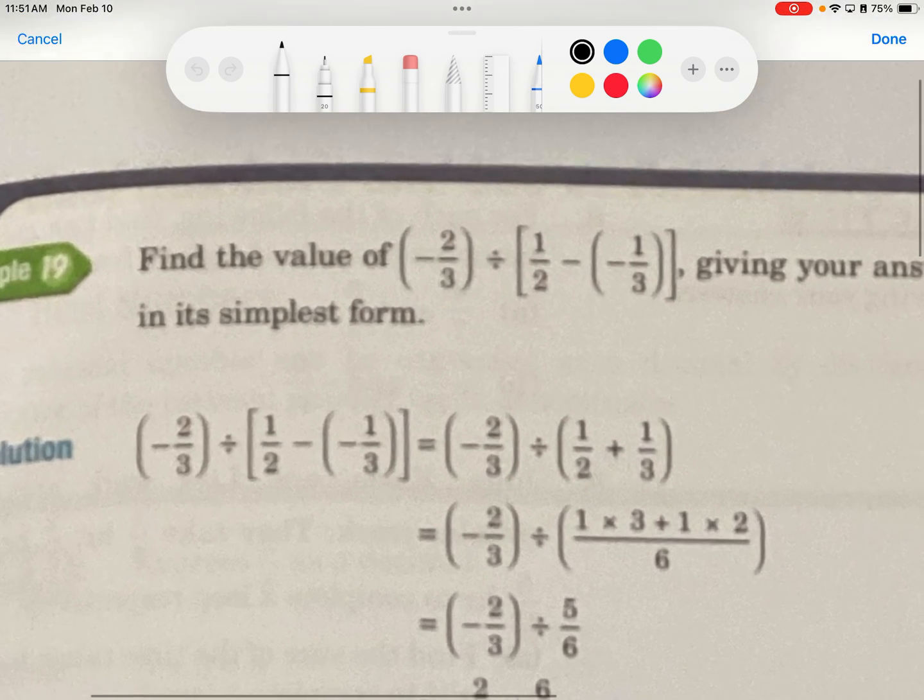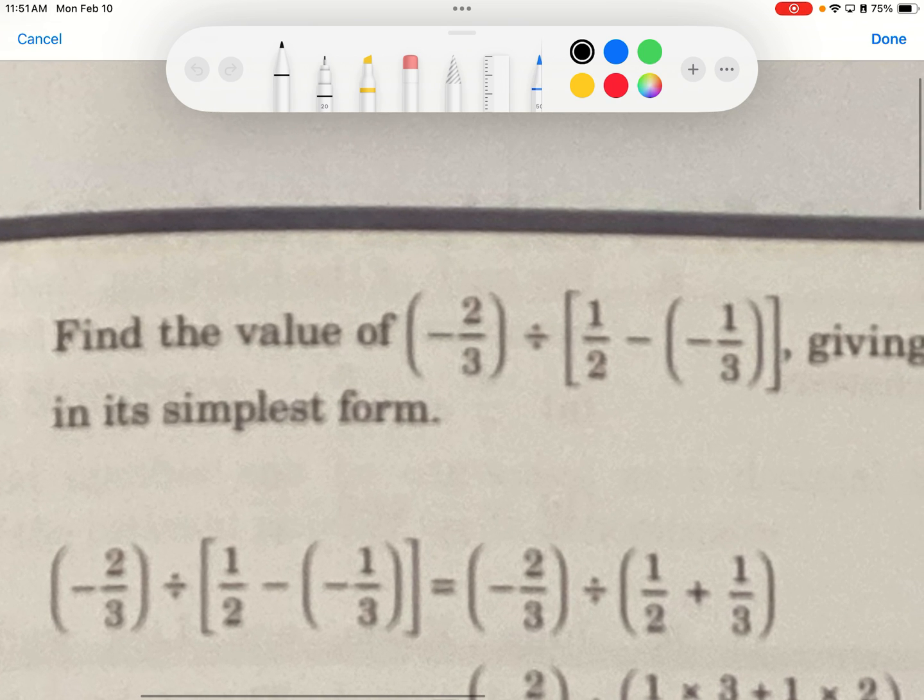Okay, so first, let's track where they're tracking. So we have negative 2/3 and negative 2/3. Now, PEMDAS, we're always going to do the innermost brackets here. That means we need to do a negative and negative, so it's going to be a positive.